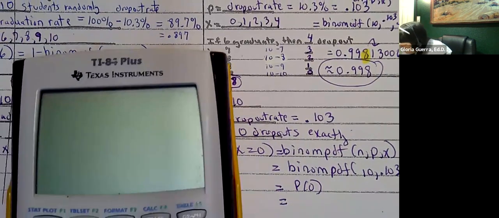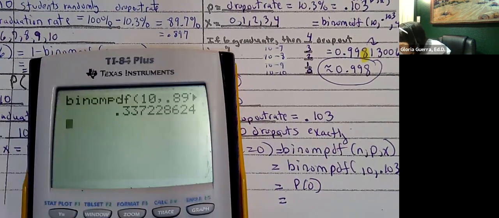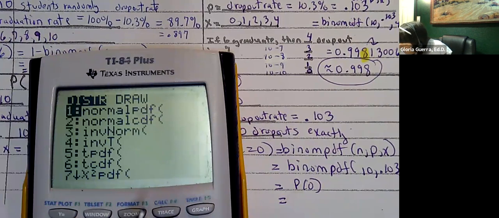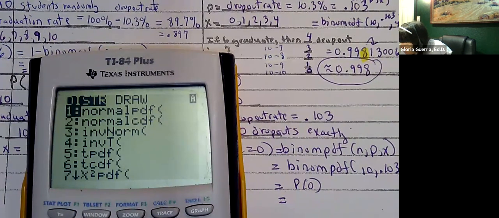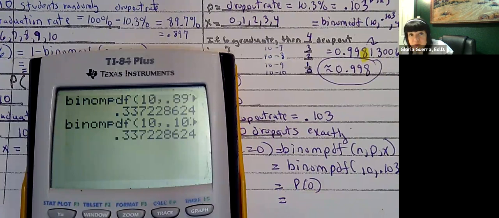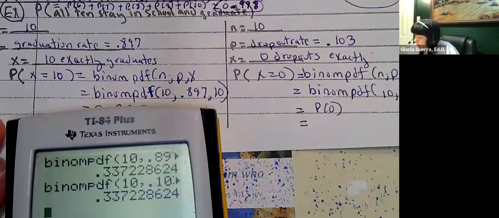So then we're going to do second vars, alpha, math, 10, and the probability is 0.103, and then X was 0. And then enter. And we should get the same thing, see, as we got on the other side.